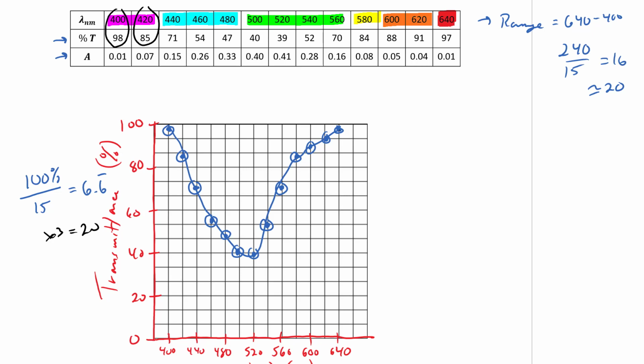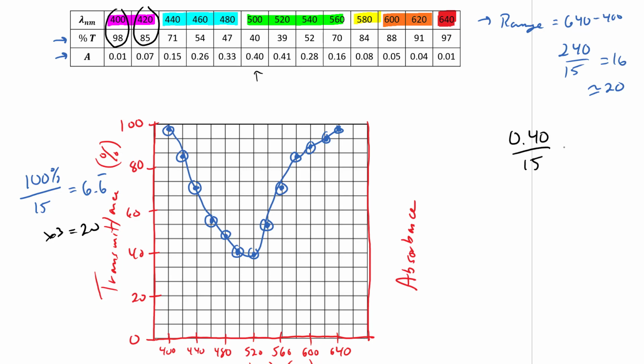How are we going to put on there our absorbance as well? What I can do is build another vertical axis over here. And this here will be my absorbance. Please note, there are no units on absorbance. It's one of the few values that don't have units with it. Let's look at our range now. We're going from 0 up to a maximum of 0.4. So our range is 0.4.